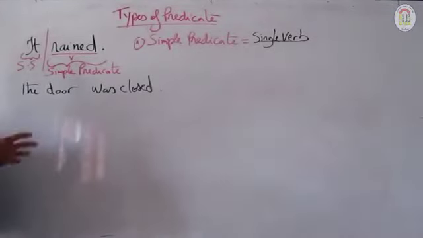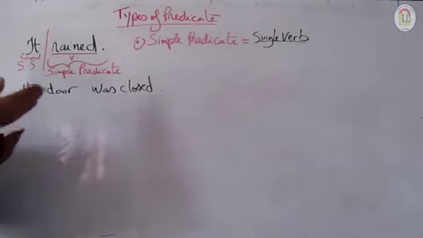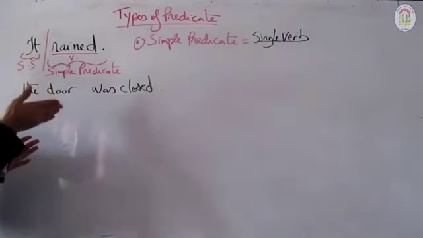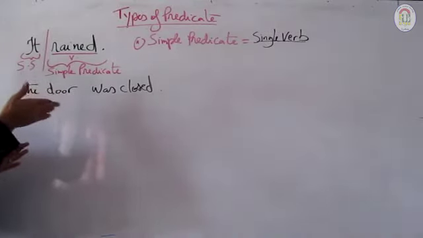For example, we write: the door was closed. Now here I have a sentence and I want to divide it into two major parts. I will look for my verb, to put the dividing slash before it, to mark the separation between the subject and the predicate. What is the verb?